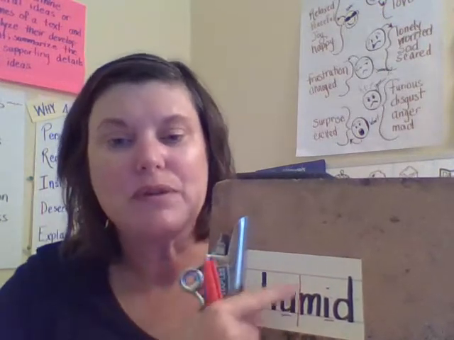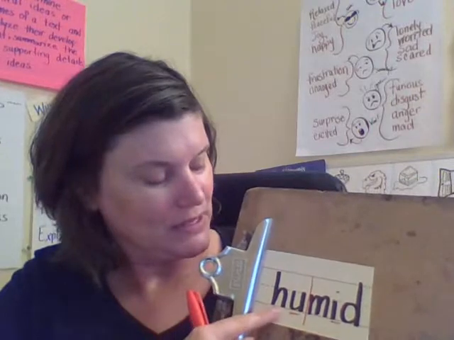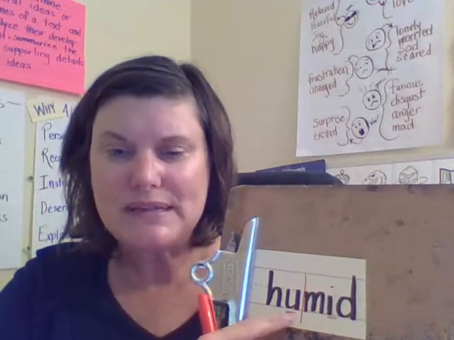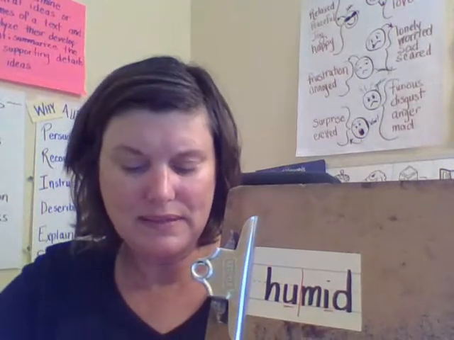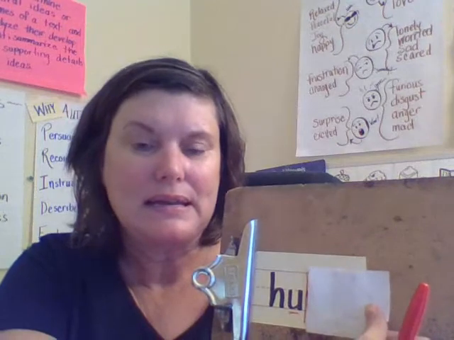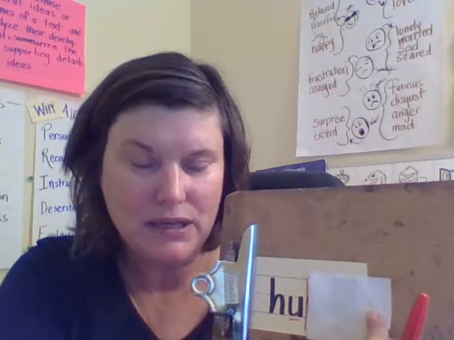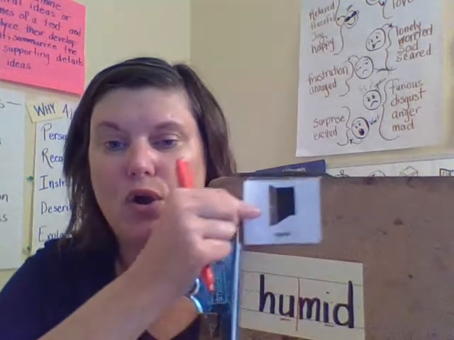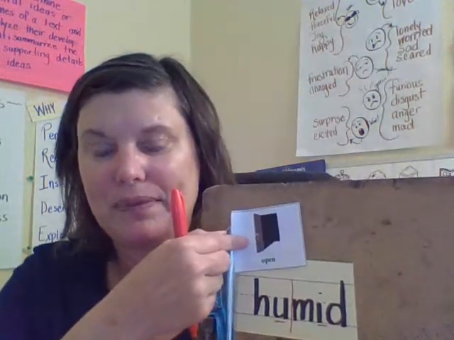But we try before first. So I see H, U, and when I look at this syllable, there is absolutely nothing blocking in that U. So that means it is an open syllable.